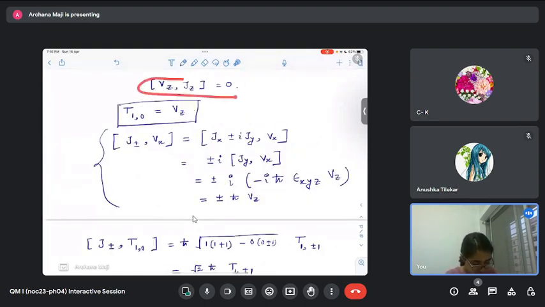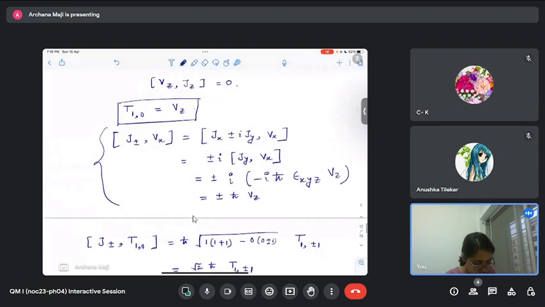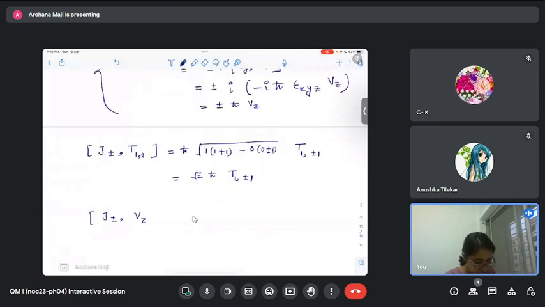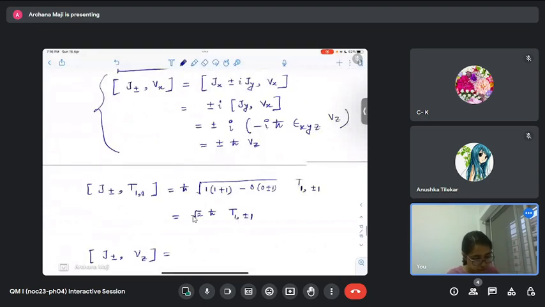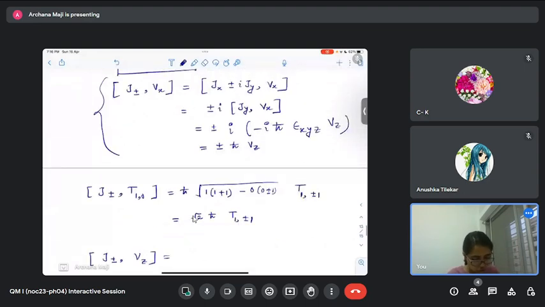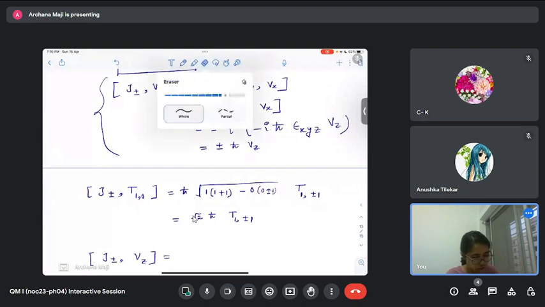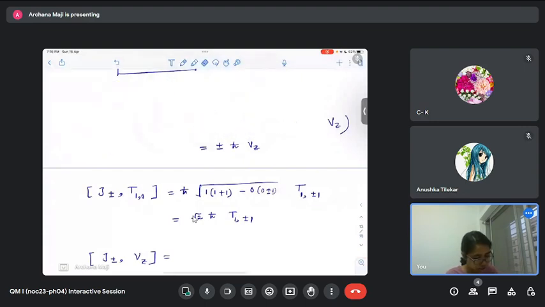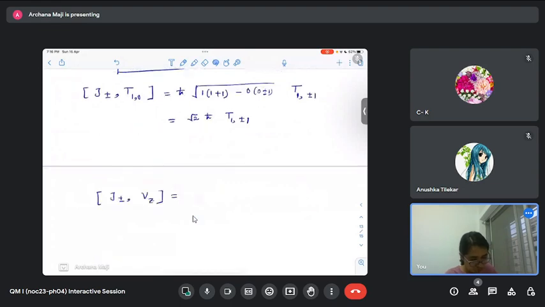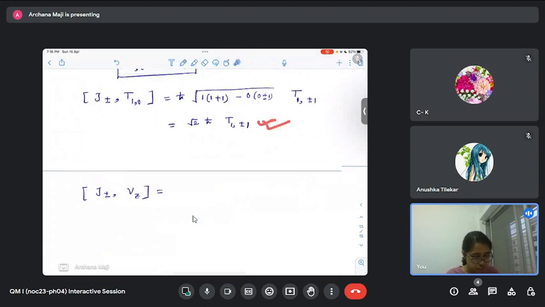So let's see what this formula gives us, what this Vz will give us.